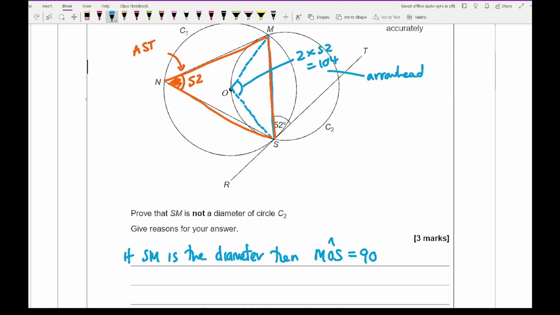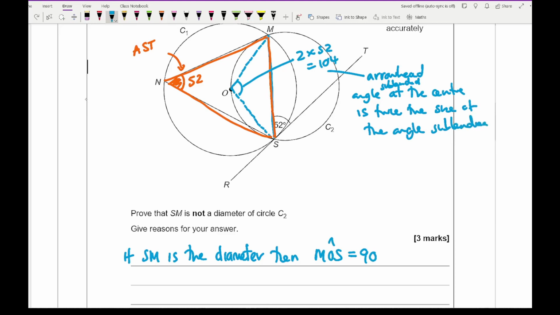Now it does actually ask you to give a reason for your answer. So again, I could say that the angle subtended at the centre is twice the size of the angle subtended at the circumference.